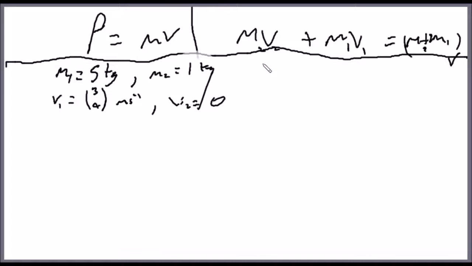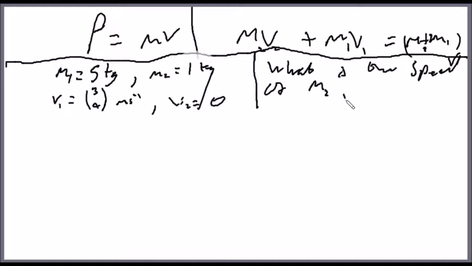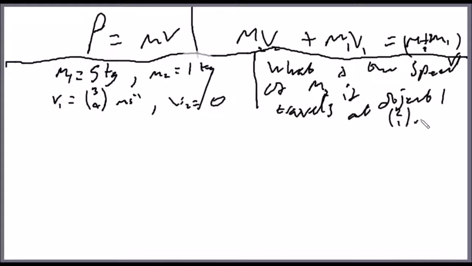The question asks, what is the speed of object 2 if object 1 travels at the vector (2, 1) meters per second afterwards, and they don't coalesce, which means stick together.